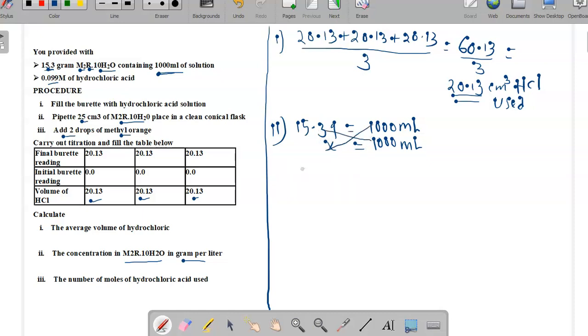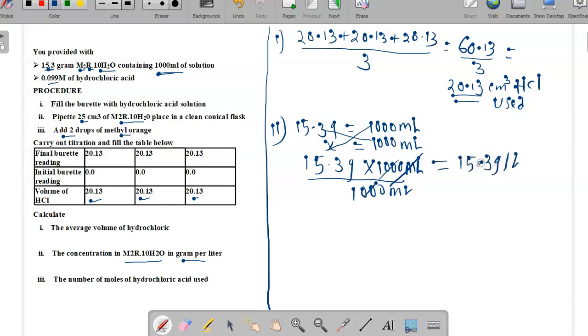Then you cross multiply: 15.3 gram times 1000 milliliter, all over 1000 milliliter. The milliliters cancel, the 1000 cancel, and we get 15.3 gram per liter. So this is the concentration in gram per liter of that compound.